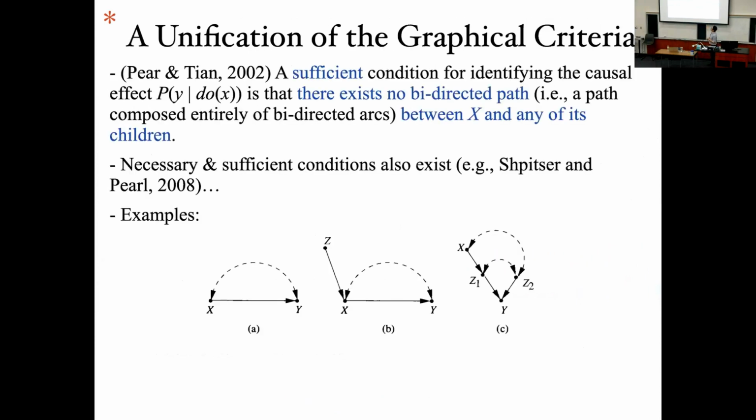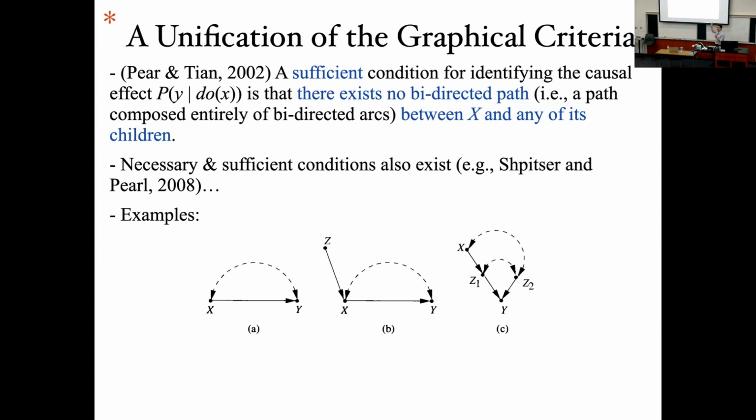Okay, and you can see the correspondence between them. Now you can see a unification of the graphical criteria. Right here, this is a sufficient condition in terms of the graphical properties. Basically, a sufficient condition for identifying the causal effect of X on Y is the following: there exists no bidirected path between X and any of its children.